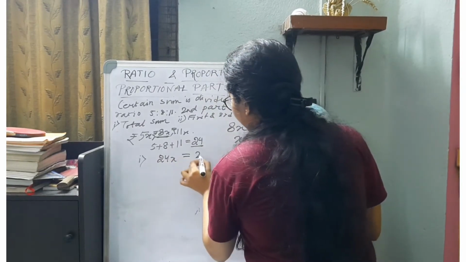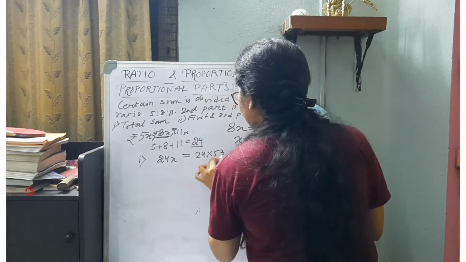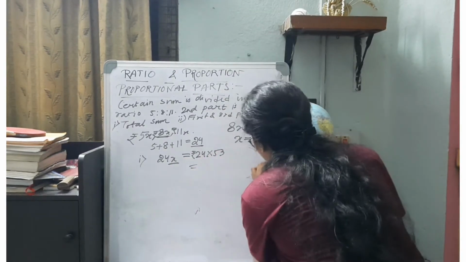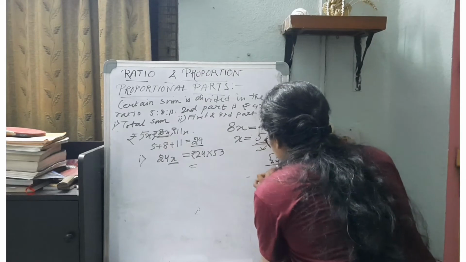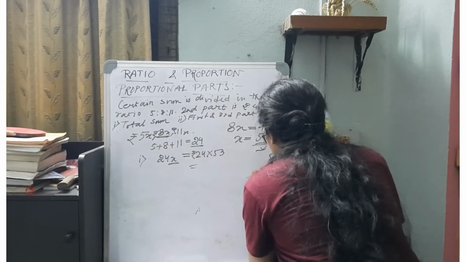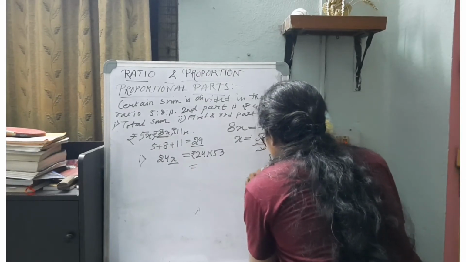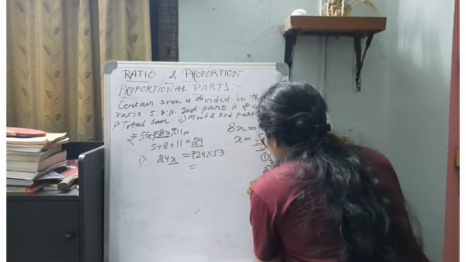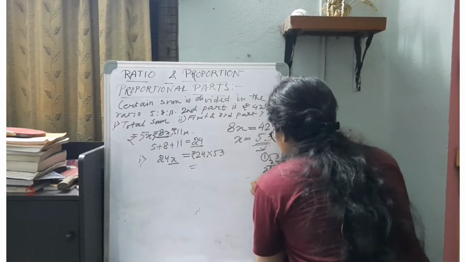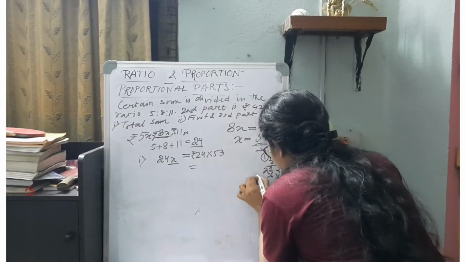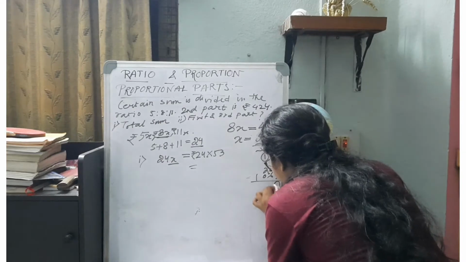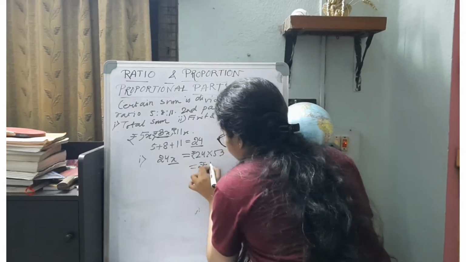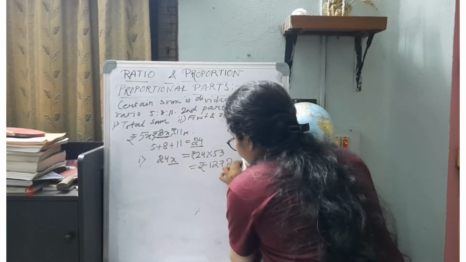So 24x is 24 into 53 rupees, since we have already found the value of x. Calculating this, it is 1272 rupees. This is the total amount.